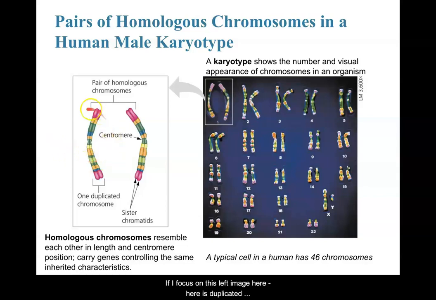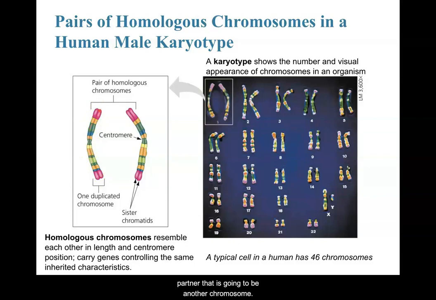If I focus on this left image here, here's a duplicated chromosome. I have sister chromatids. Here's one on the left side. Here's one on the right side. They're being held together at the centromere of the chromosome. So that's one chromosome here that's been duplicated. Sister chromatids are present.